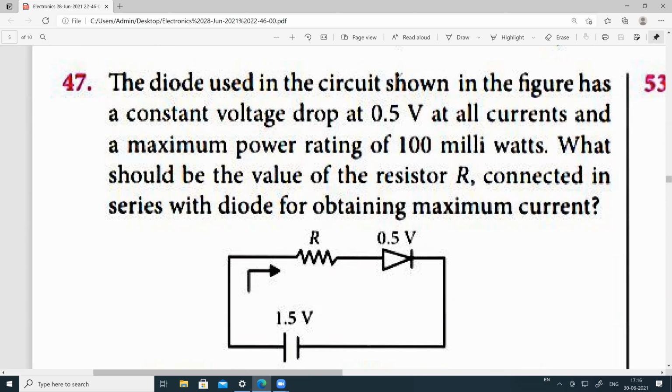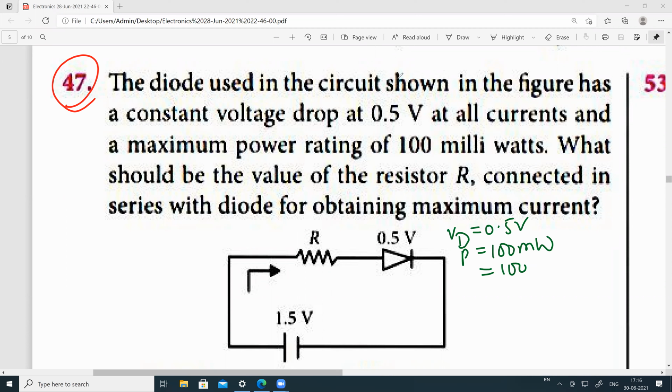So here, what have they given? VD is equal to 0.5 volt. The maximum power rating, that is P, is equal to 100 milliwatts, which is written as 100 into 10 to the power of minus 3 watts.